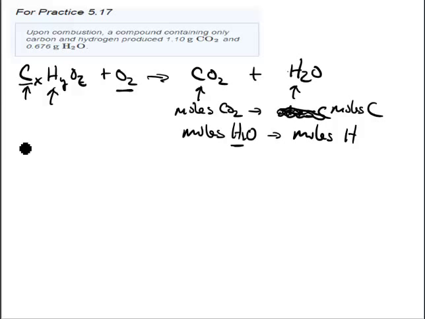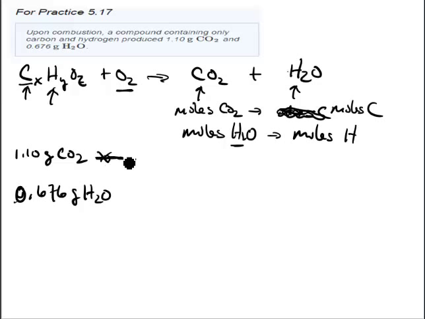But our calculation would start with, in this case, 1.10 grams of CO2, and 0.676 grams of H2O. Now, we always go to moles. So we're going to multiply by a conversion factor that cancels grams of CO2 and makes this moles of CO2.